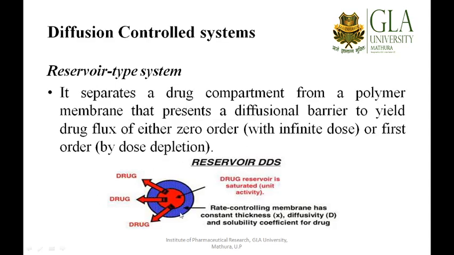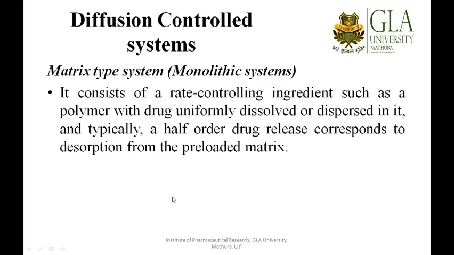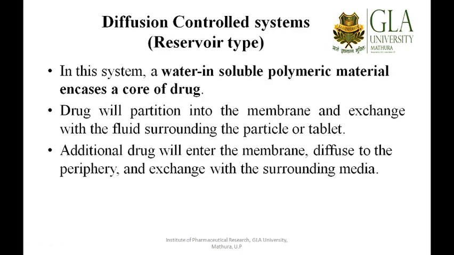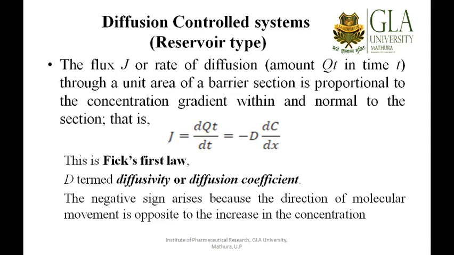You can see this is the water insoluble polymeric membrane, and it is encompassing the drug over here. The drug will partition into the membrane and exchange with the fluid surrounding the particle or the tablet. Additionally, the drug will enter the membrane, diffuse to the periphery, and exchange with the surrounding media. So this is the basic principle of reservoir type.